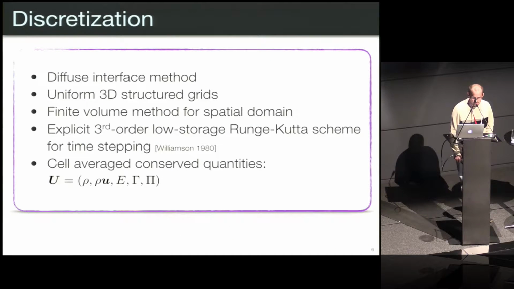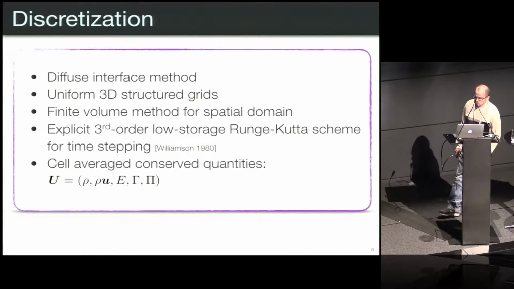We discretized this system of equations using a diffuse interface method, which is based on a uniform 3D structured grid. To discretize the spatial terms, we use a cell-centered finite volume method. To discretize the time domain, we use a third-order low-storage Runge-Kutta time stepper. And for the following slides, the vector u will express the cell-averaged conserved quantities of our system I introduced just a couple slides ago.